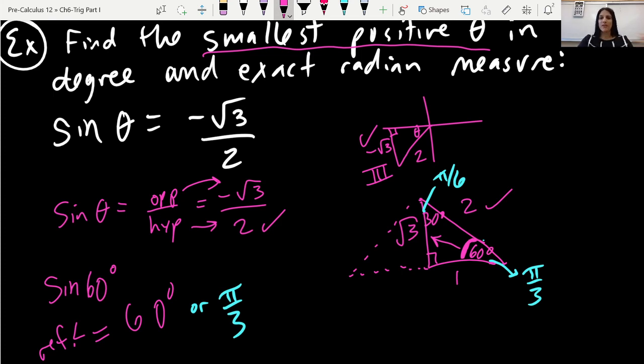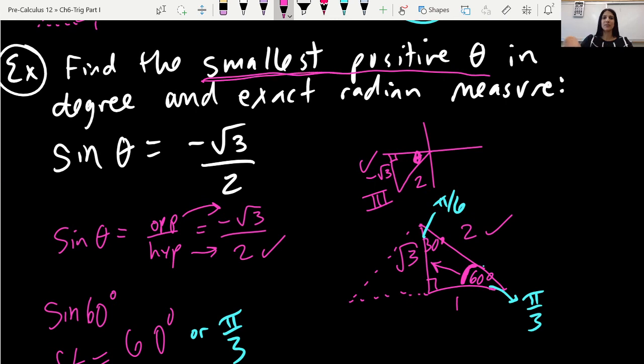We found basically this little theta on our unit circle, but we're looking for the smallest positive angle. So do you see that we just found this theta is equal to 60 degrees or pi over 3, but what we want is the whole thing, that plus that.